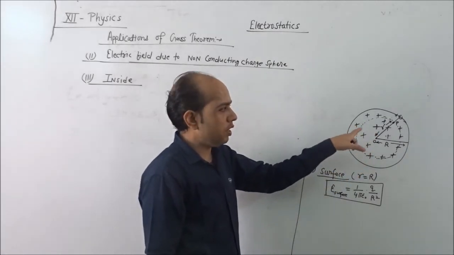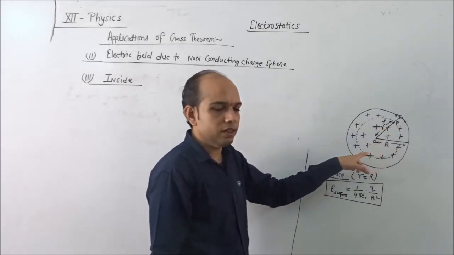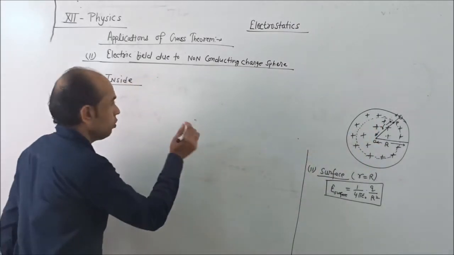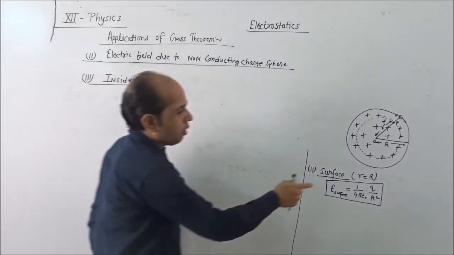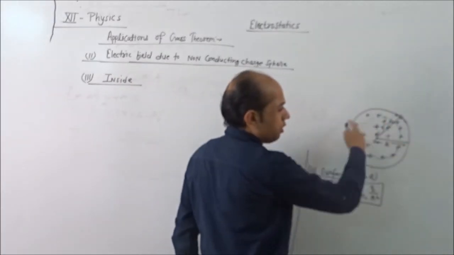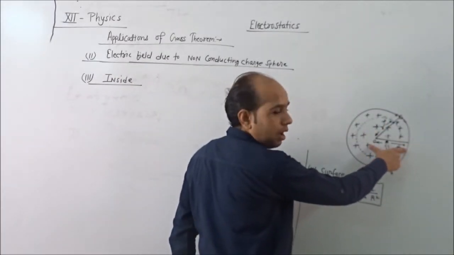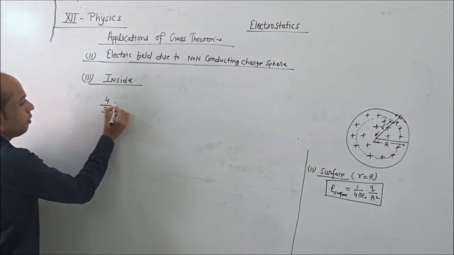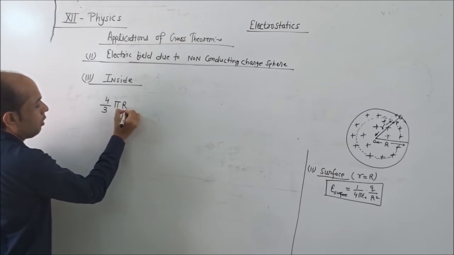So first of all we calculate how much charge is inside the sphere of radius small r. As we know, for a complete sphere of radius R, the volume is 4 by 3rd pi R cube.